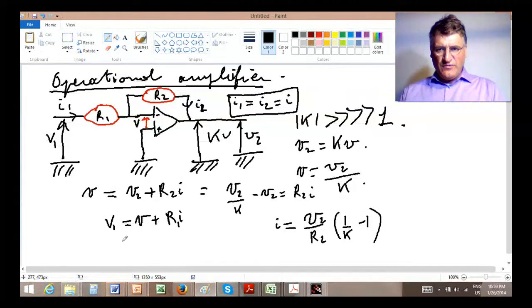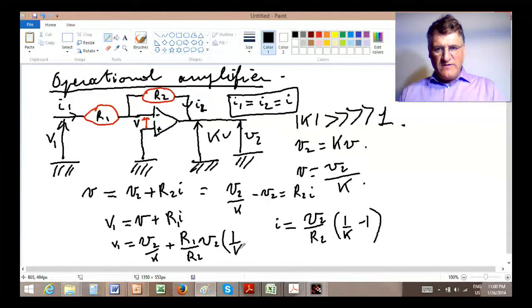Plugging this into here, we obtain that V1 is equal to V, but V is equal to V2 over K, plus R1 over R2 times V2 times 1 over K minus 1.